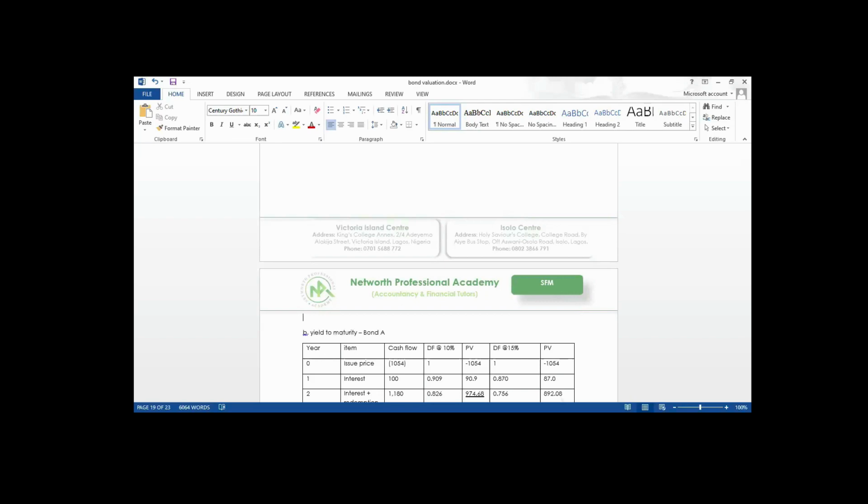It is that return where the present value of the cash inflows is equal to the present value of the cash outflows. It is that return that equates the present value of cash inflows from the bond to the present value of the cash outflows.